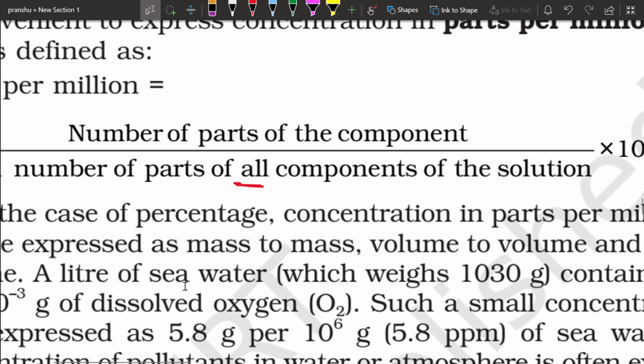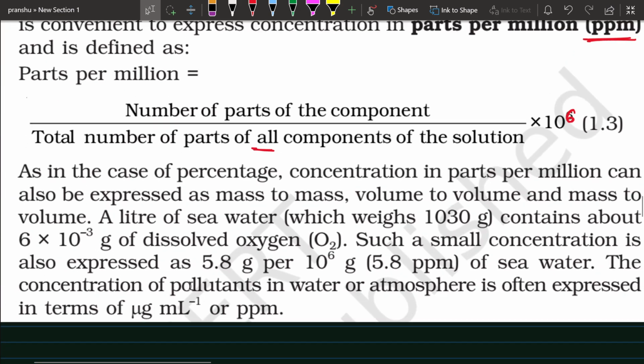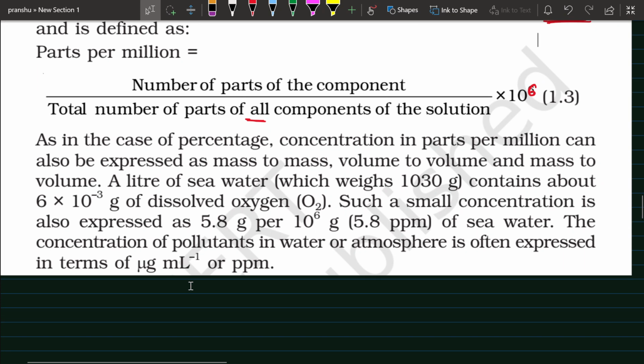So we have to study these minute concentrations. For example, when you study the sea water, you observe that 6 into 10 raised to power minus 3 gram oxygen is dissolved. With such a small concentration, we can also measure the concentration of pollutant.